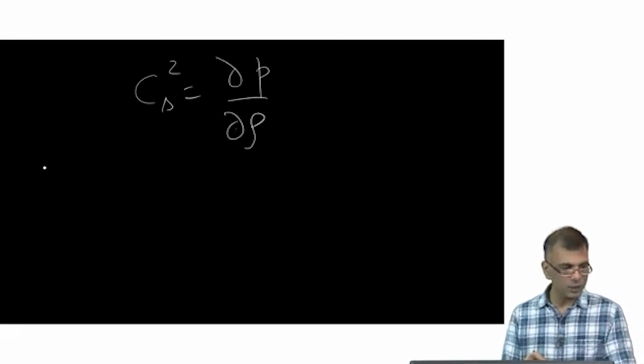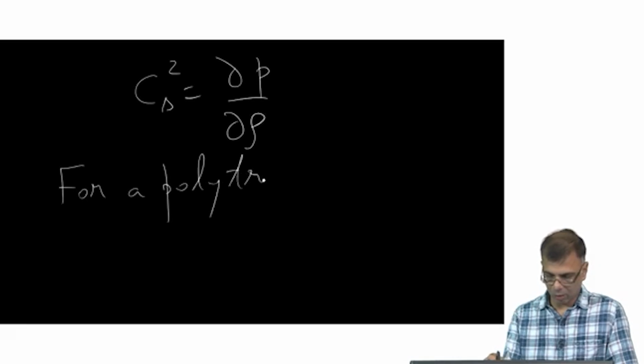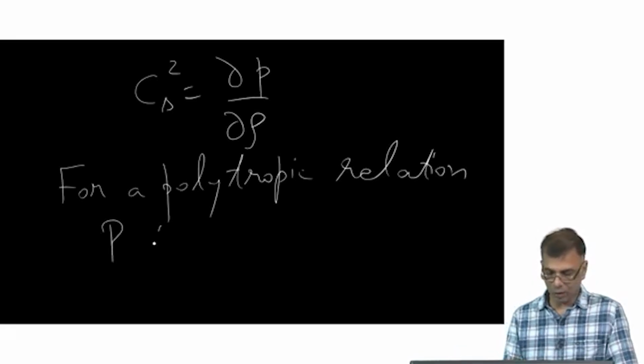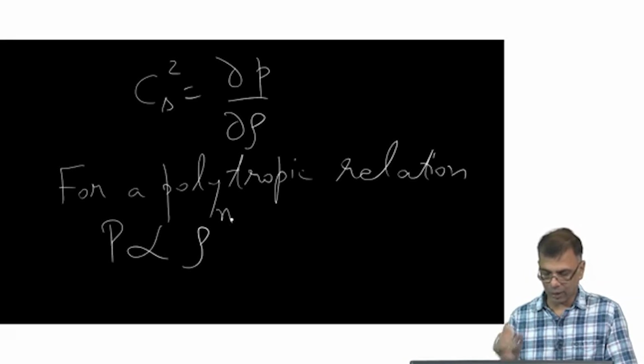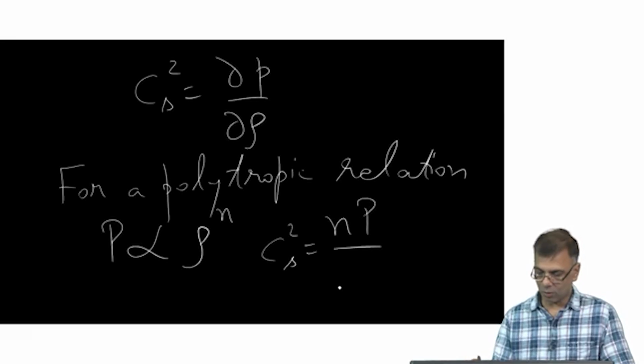So if this is the case, then for a polytropic medium, in other words, for a polytropic relation, where you have p proportional to rho raised to some n, if you plug this in here, you get cs squared equals n p over rho.